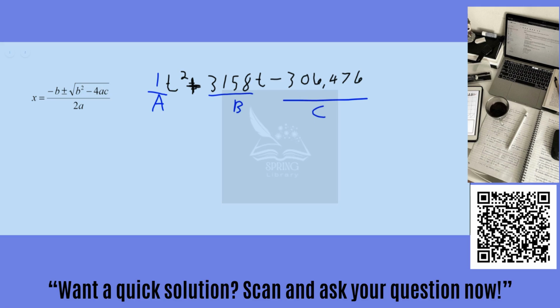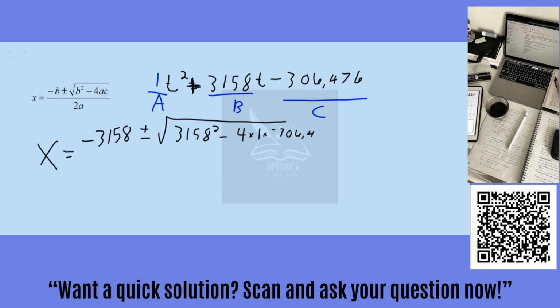So when I plug all that in, we end up with our answer being the opposite of b, so negative 3,158, plus or minus the square root of b squared, 3,158 squared, minus 4ac, so minus 4 times 1 times negative 306,476. Extend my square root a little bit, and that whole thing divided by 2 times a, which is just 2.